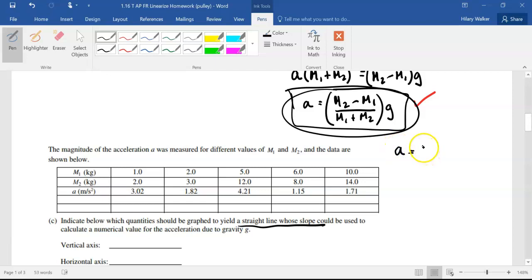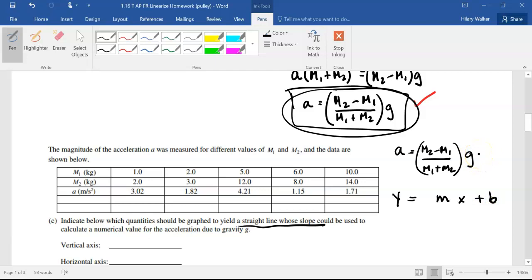So this is our equation: a equals (m2 minus m1) over (m1 plus m2) times g. We're trying to solve for g somehow. Our linear equation is y equals mx plus b.